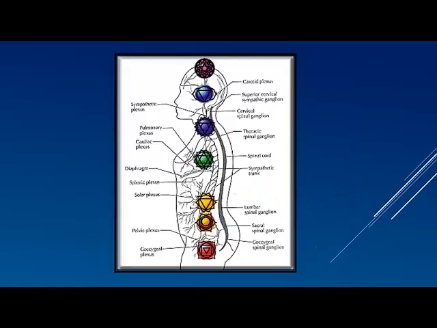In this picture, we see the chakra system of the emotional, vital body. We know that the chakras correlate to various glands. We have some chakras that will correlate to the pineal gland, the pituitary gland, the thyroid gland, the thymus gland, and so forth.